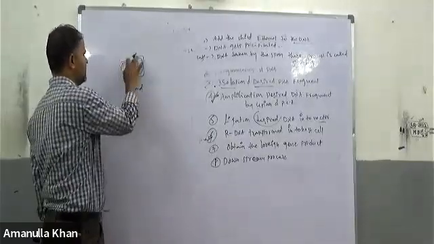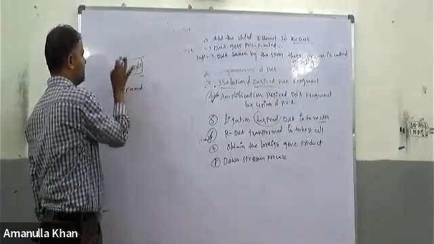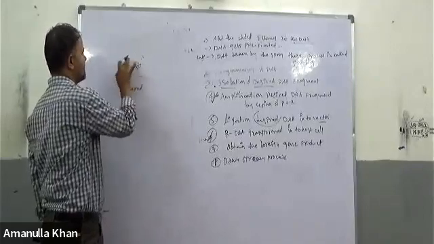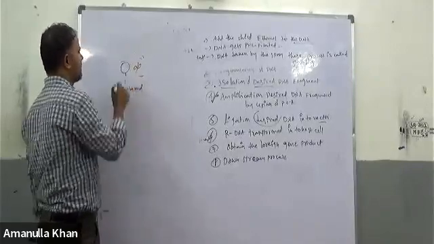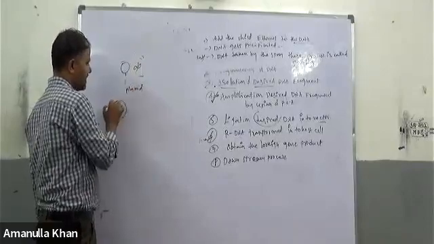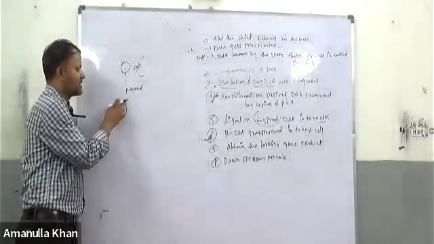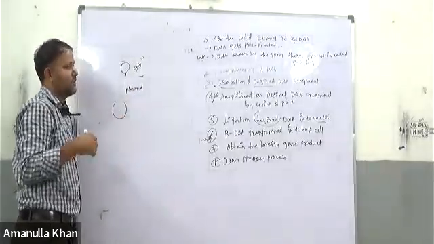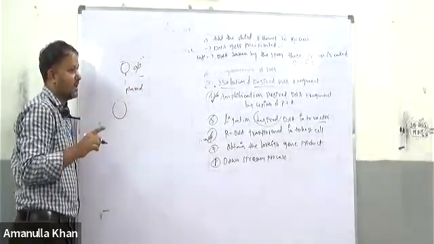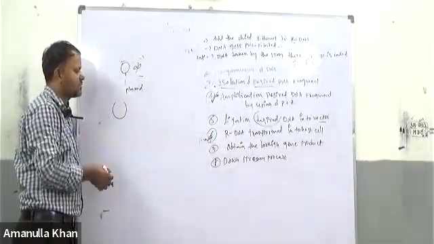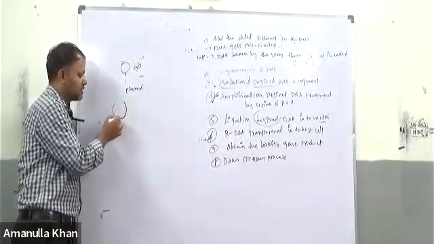First digest the cell wall by using lysozyme enzyme, and then digest the plasma membrane by using detergents. Now this plasmid is unopened, it's circular. This plasmid is opened by using restriction endonuclease enzyme. The same enzyme which cuts the DNA is used for cutting the plasmid here also.